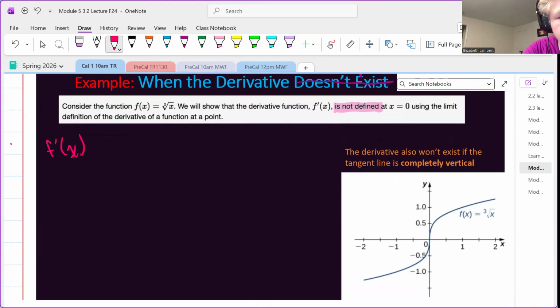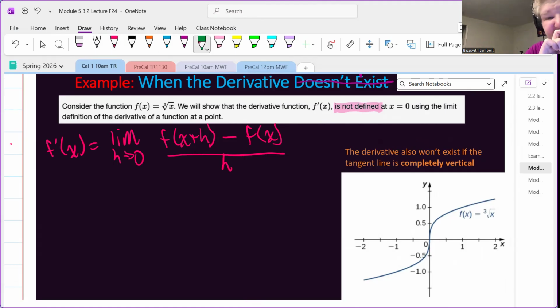f prime of x equals the limit as h goes to 0 of f of x plus h minus f of x, all over h. Now, since we're only focusing at 0, let's put 0 in place of x, because that's going to make this calculation way nicer.